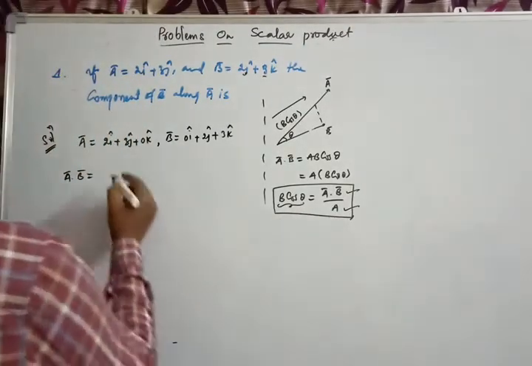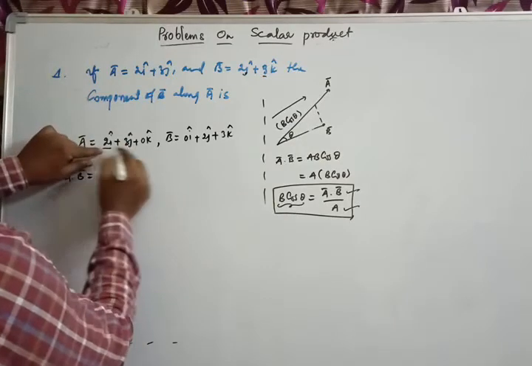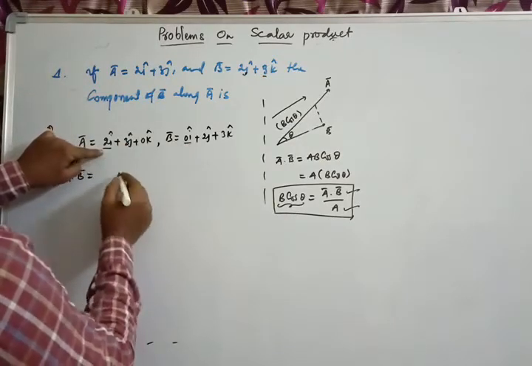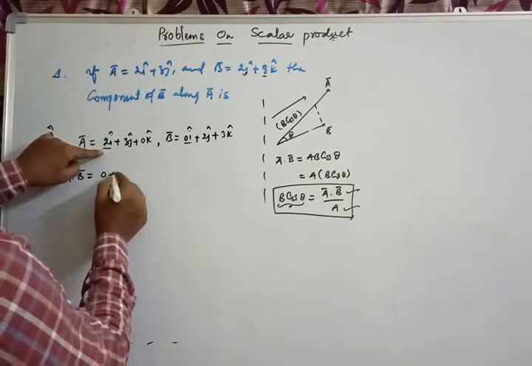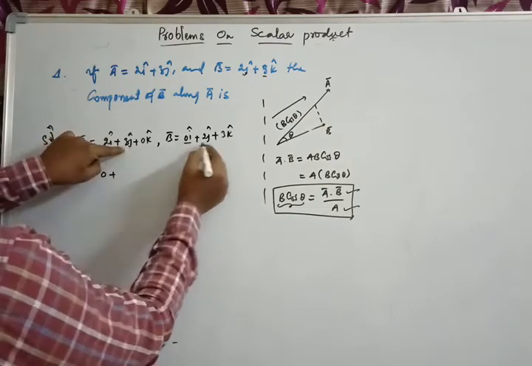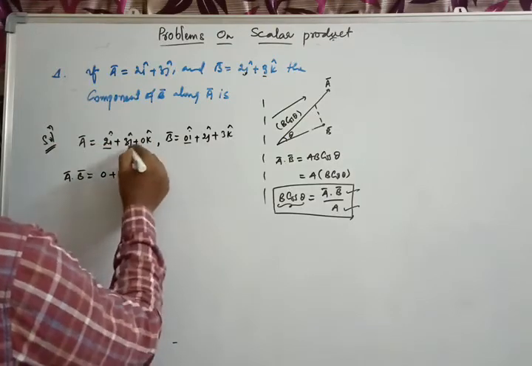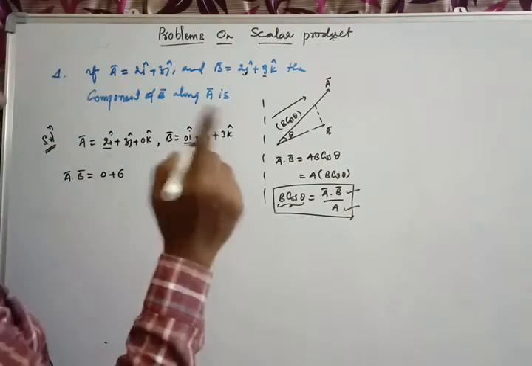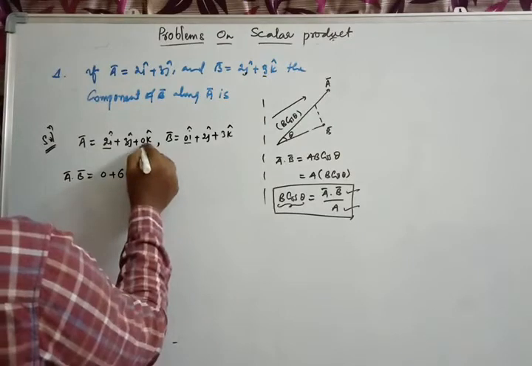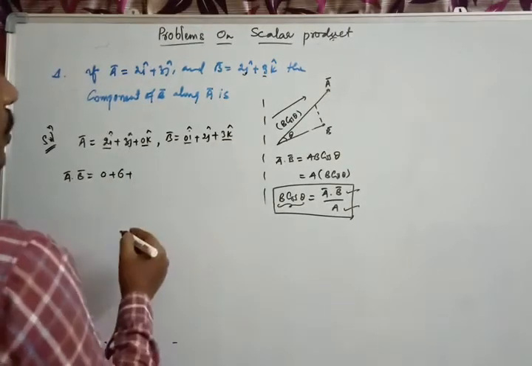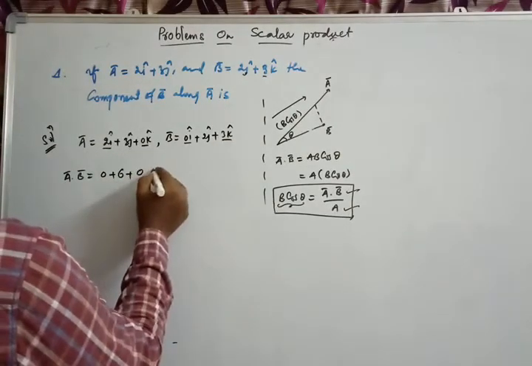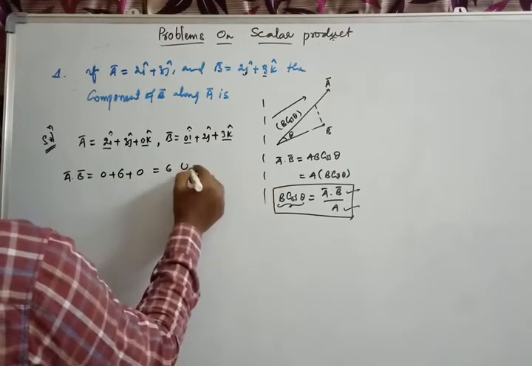Now try to understand. This is 2i into 0i becomes 0, plus 3j into 2j, 3 into 2 is 6, j cap dot j cap becomes 1, plus 0k cap into 3k cap becomes 0, so that is 6 units.